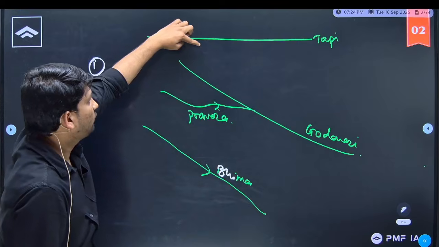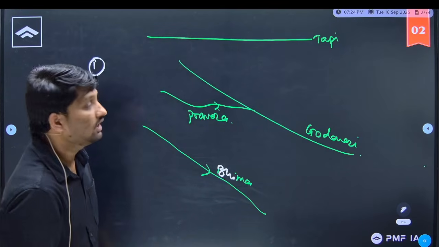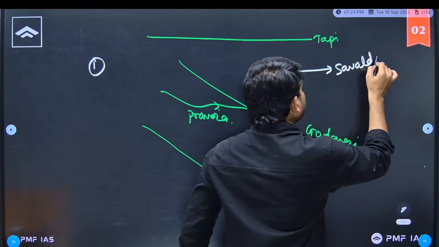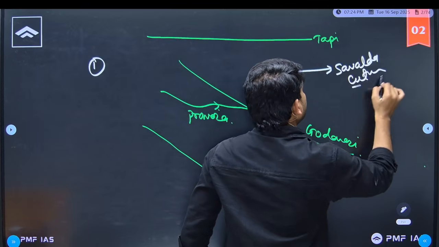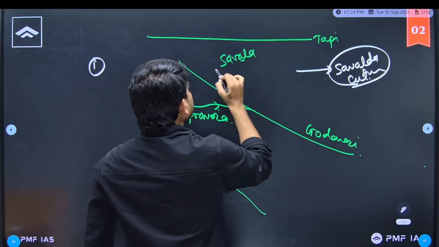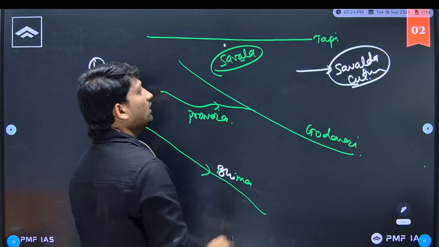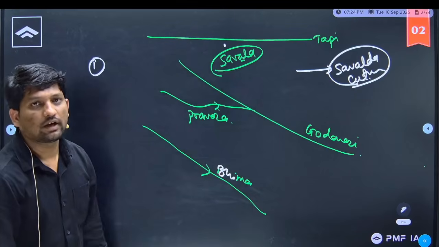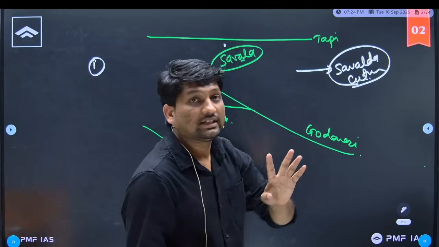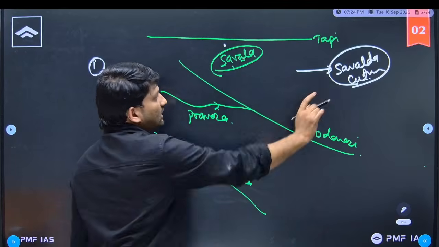If you see from this Tapi river to Godavari river, you will find some sites which show this Savalda culture. Important site is Savalda. This site is located in the Tapi river valley and it shows Savalda culture. Other sites also show Savalda culture, but remember this important site Savalda from this culture.